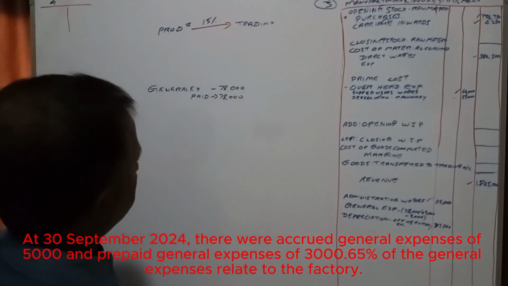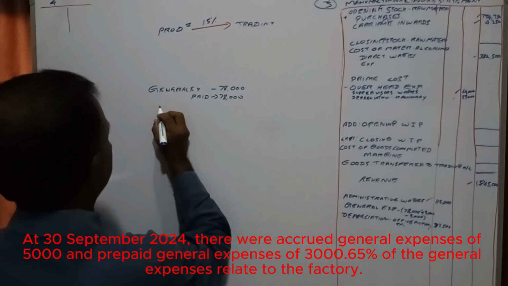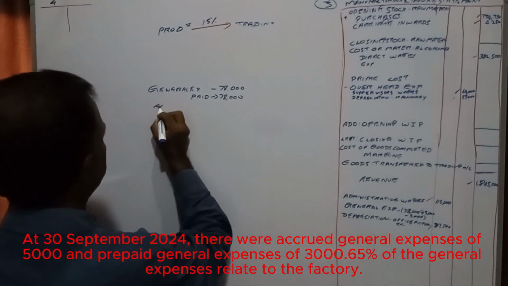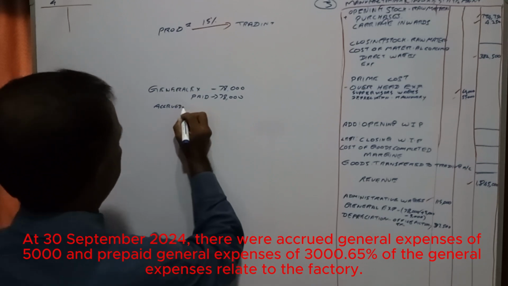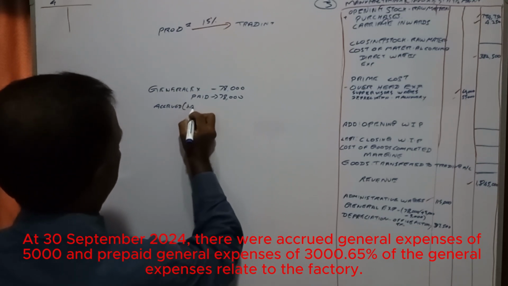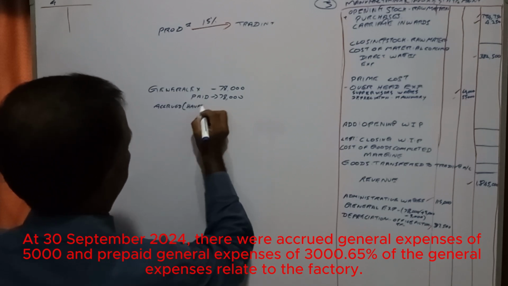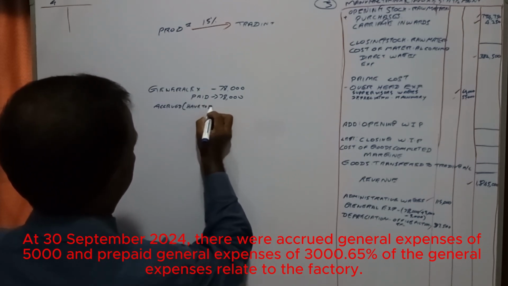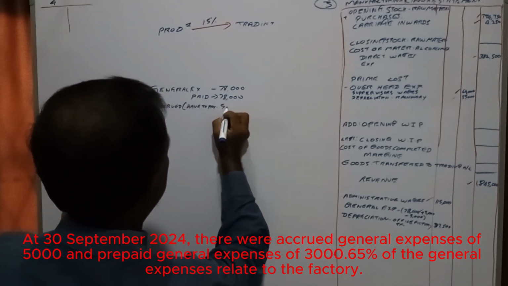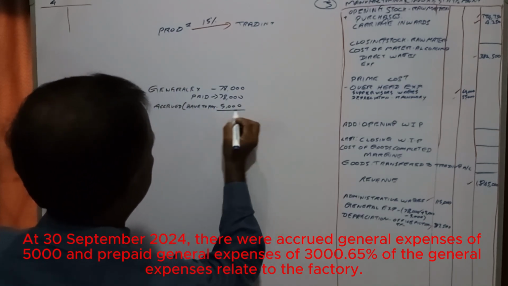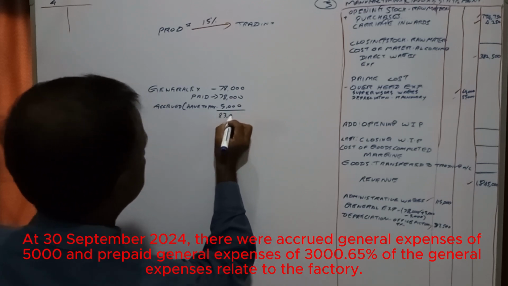Out of that, we still have to pay the accrued, meaning have to pay, 5,000. Then it comes to 83,000.